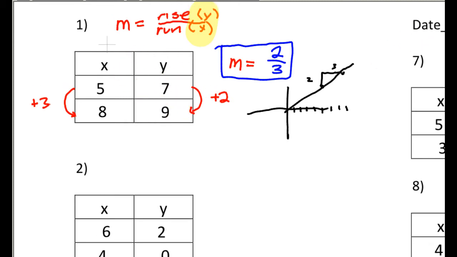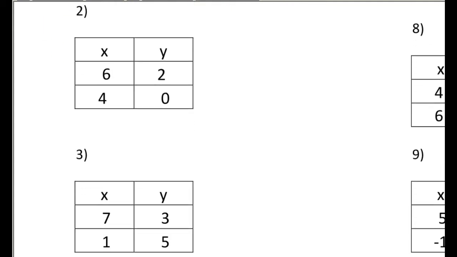All right. So let's go to 2. How far is it from 2 to 0? You have to go down 2, right? 2 minus 2 is 0. How far is it from 6 to 4? What is it?